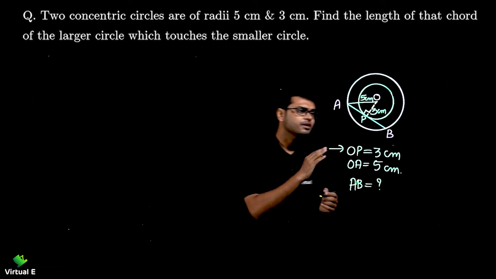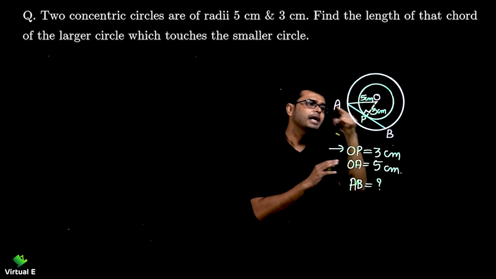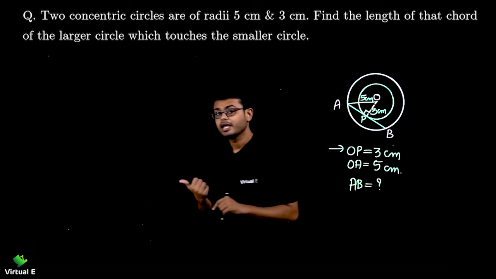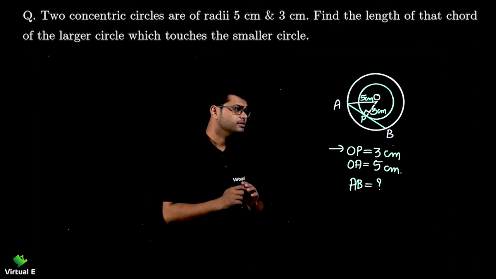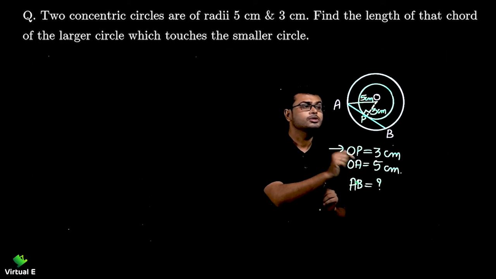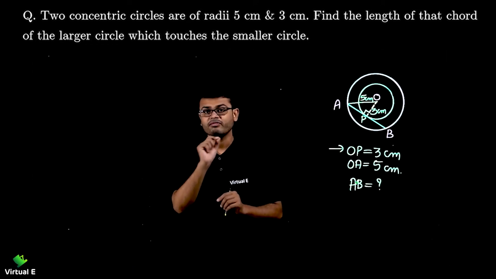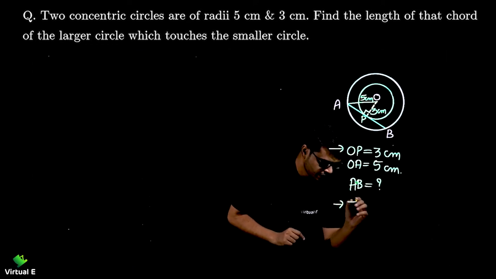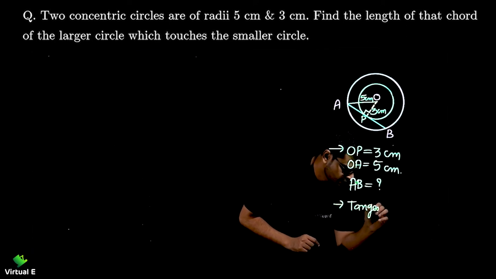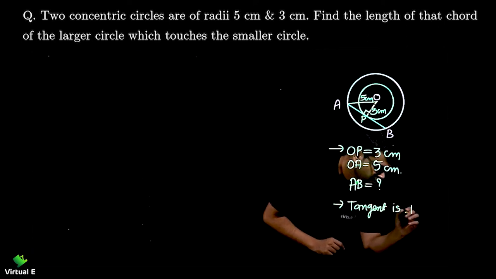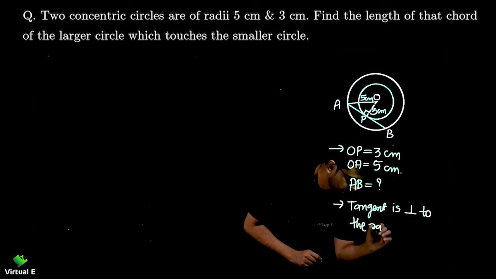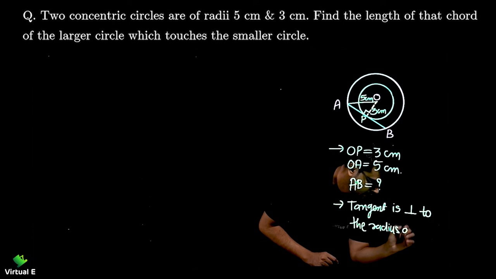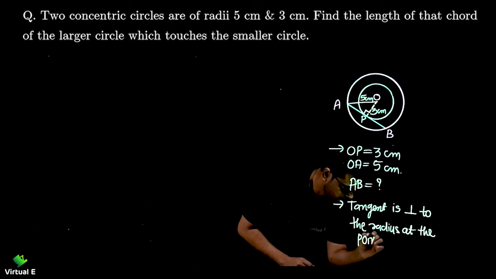Now let's start with the theorem. We know that OP and AB are perpendicular. Why? Remember why? This is a theorem we learned: a tangent is perpendicular to the radius at the point of contact.